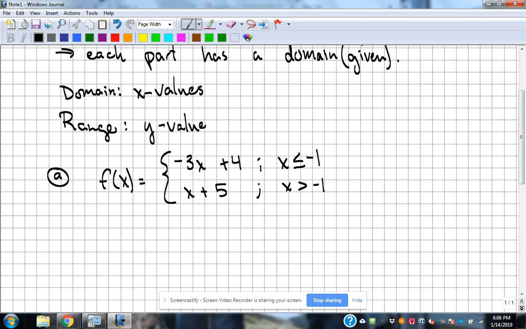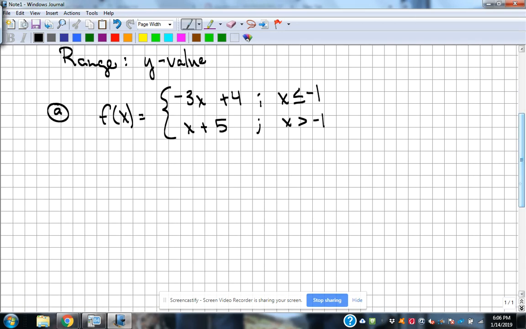Now, in order to graph one of these, one thing that makes it easier is to find the important points. The important points for a piecewise defined function are found using the x values that are listed in our domain. Okay, so this one has important points.